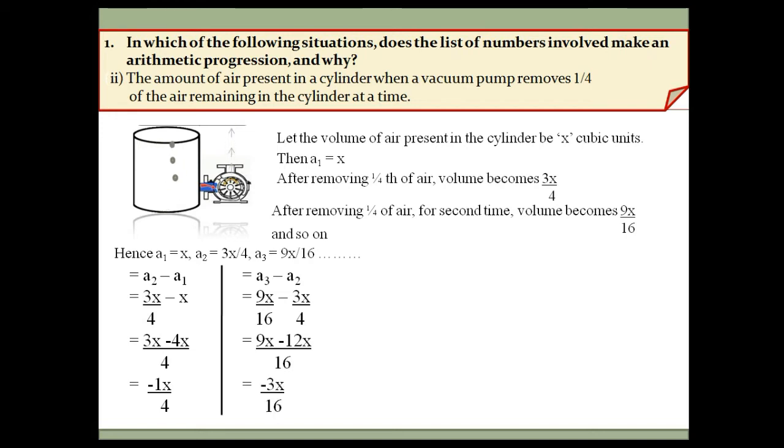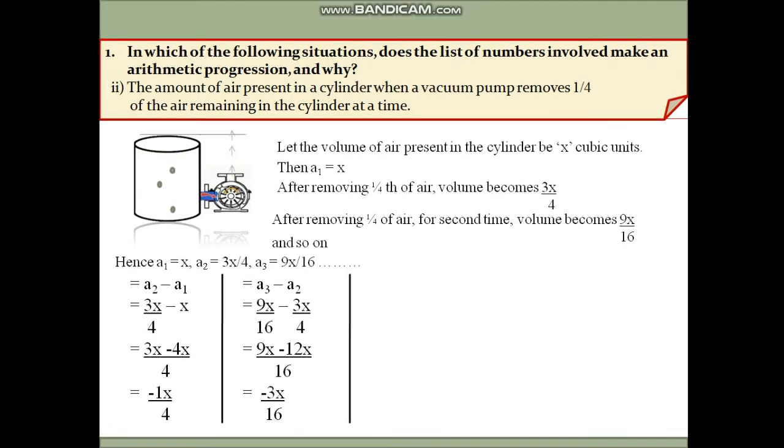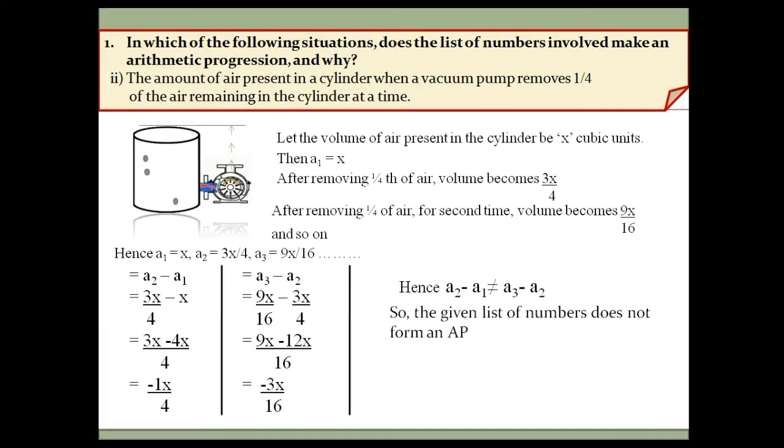After taking LCM of 16 and 4, we get LCM as 16. And in numerator, 9x minus 12x, minus 3x divided by 16 is the answer. Hence, second term minus first term is not equal to third term minus second term. So, the given list of numbers does not form an AP.